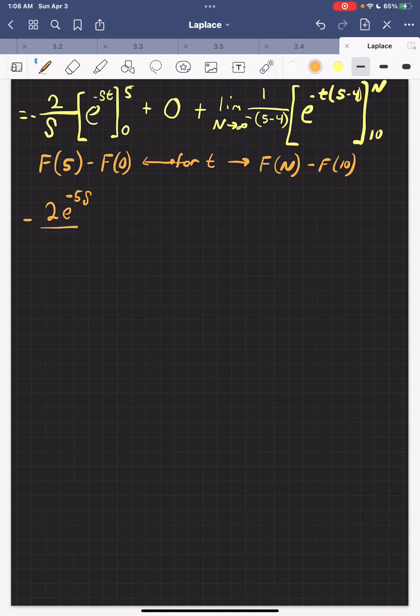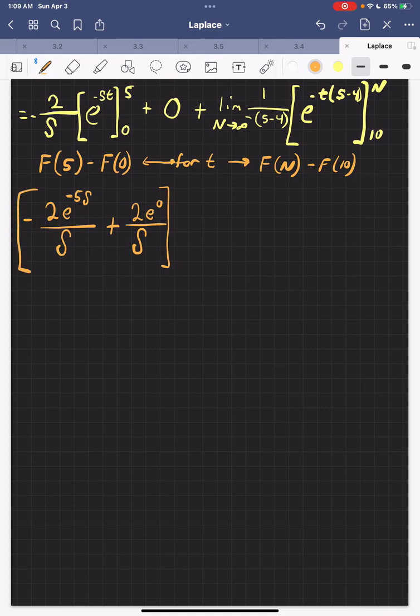And that's got to be over s. All right. One more time. So we have a negative here. We have a negative here. So that's going to end up being plus. And of course, when you plug in a 0, that's just going to be 2e to the 0 over s.